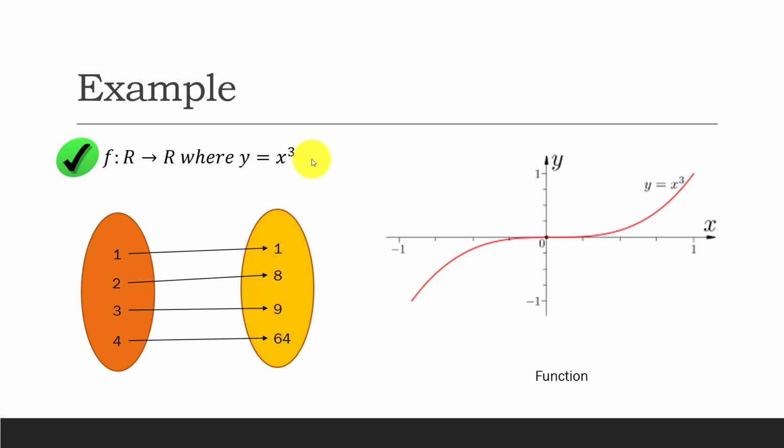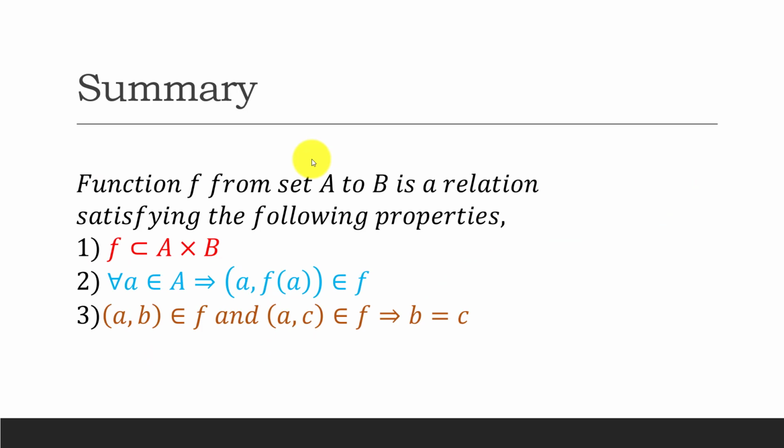Okay, so if we take the summary of whatever we have learned so far, we can make a statement: the function f from set A to B is actually a relation which satisfies the following properties. First, f must be a subset of A cross B, which we have seen.